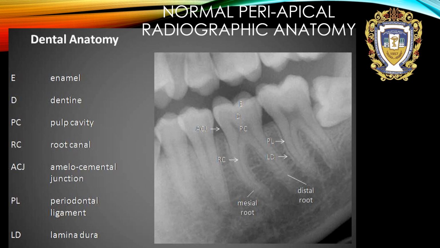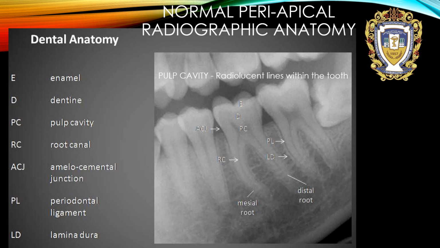And lamina dura. It is a white line outside of the periodontal ligament, the internal side of the alveolus. Enamel, the most radio-opaque structure. Dentine, slightly lighter than enamel.